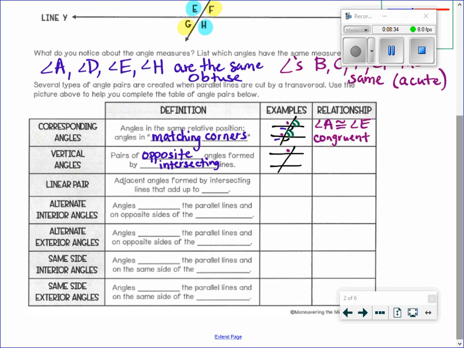Vertical to it is the one that's on the opposite side of the intersection. So those 2 angles are vertical. This top right angle is vertical to the one right across that intersection. Those are vertical angles. So there's also 4 pairs of vertical angles. This angle is vertical to that angle. And then this angle is vertical to that opposite angle right here.